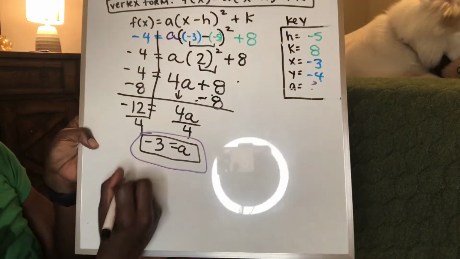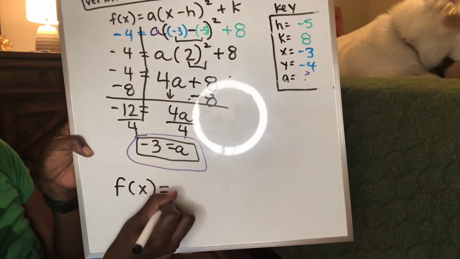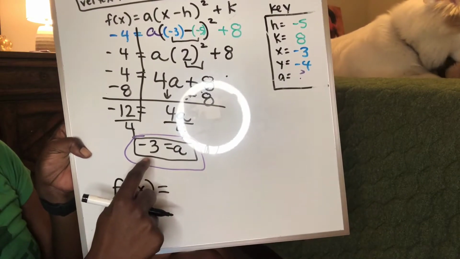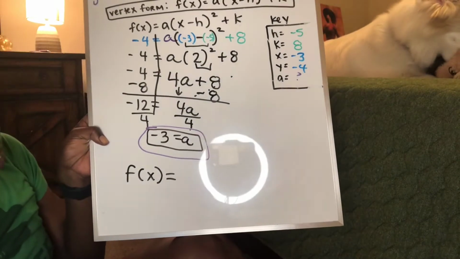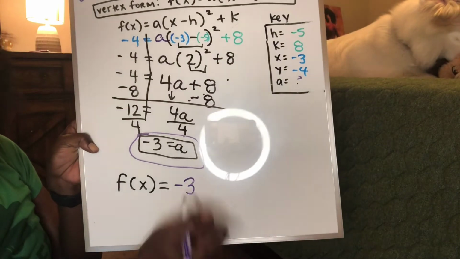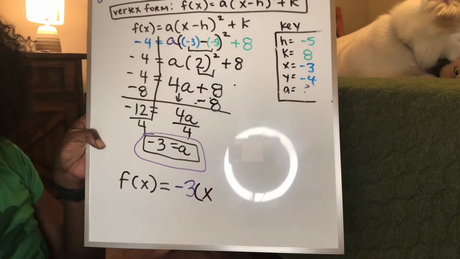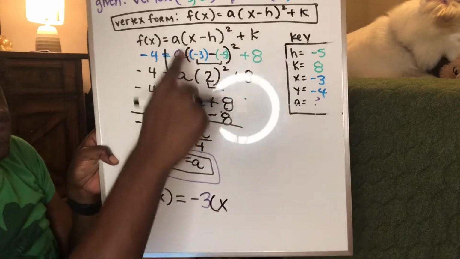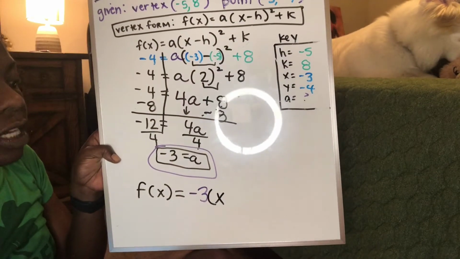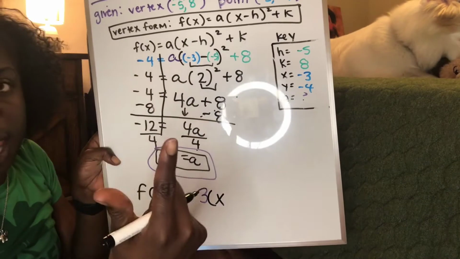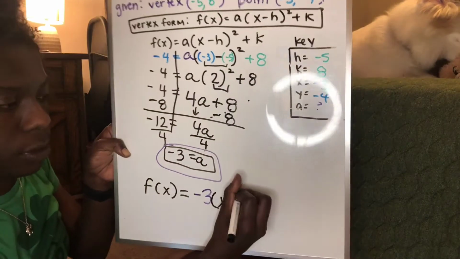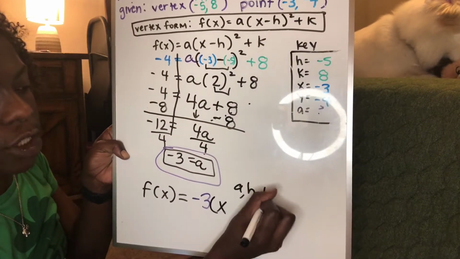So we write f of x equals, what is our a value now? It's -3, okay? Then I put my parentheses. We type x, because again, we're not using substitution anymore. We're using the format. So all we're going to be using to substitute is our h, our k, and our a. So we're going to be substituting the values a, h, and k.